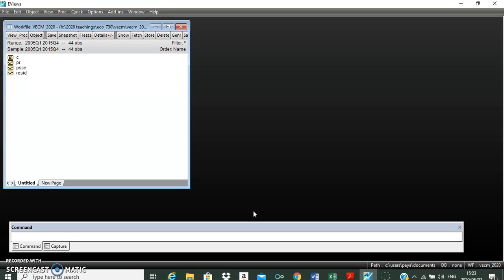So now, once you test for unit root, you test for lag length, you test for stability of the model, you test for all those diagnostic tests such as autocorrelation, normality, and heteroscedasticity.